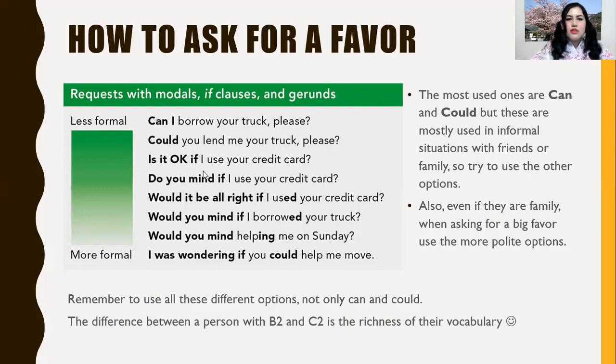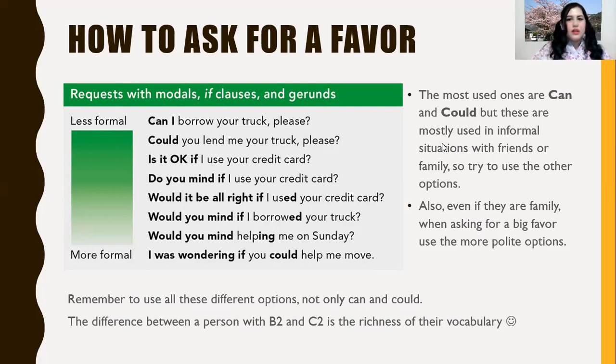So remember, the first ones, can and could, are the most used ones, but they're less formal, so we're not going to use them all the time. We're going to use them only with close friends, in easy situations, easy favors, or with close people like friends, family, or, I don't know, your boyfriend, girlfriend.